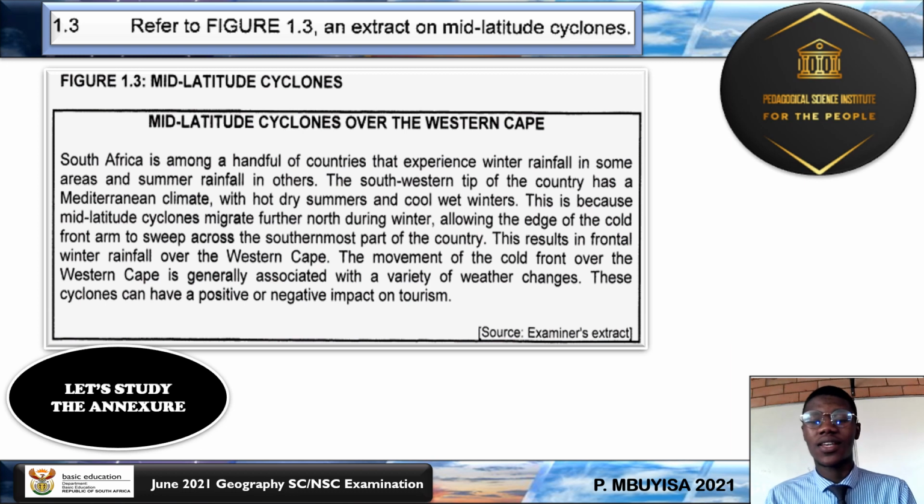Why do they affect South Africa in winter specifically? And they're also going to ask you about the positive or negative impact of mid-latitude cyclones on tourism, and again the associated weather changes that these systems come with. Let's look at some of the questions.